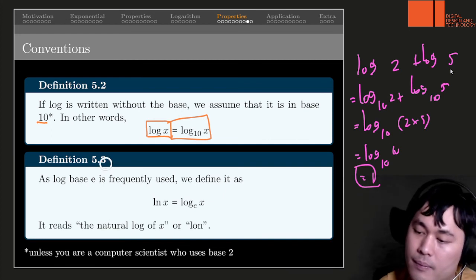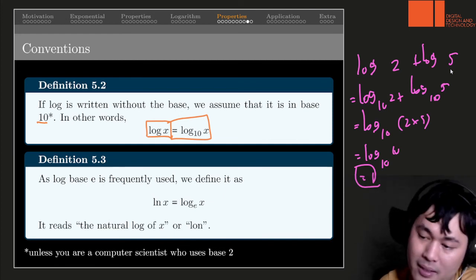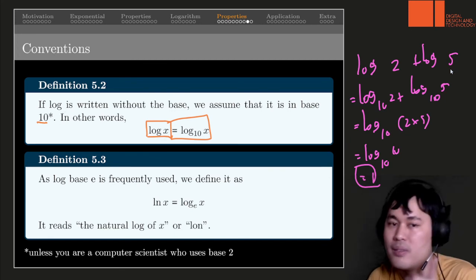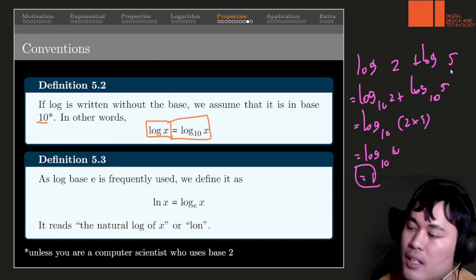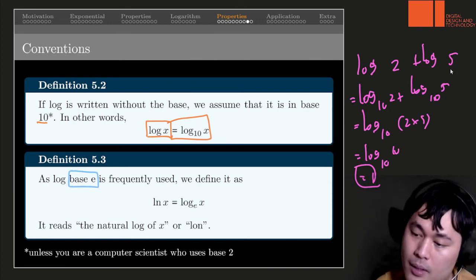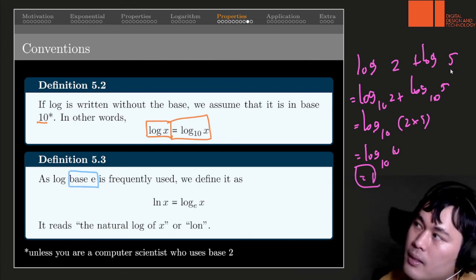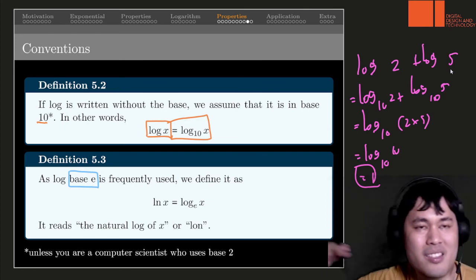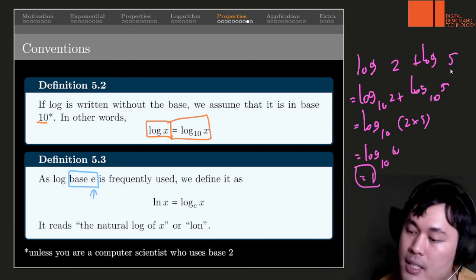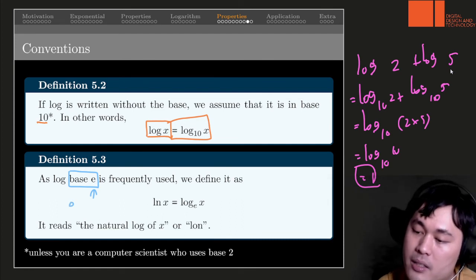And second, I mentioned it a little bit, but there's a special base. Base 10 is special. It's used a lot in science and in scientific notation. But another base is also important in math, physics, and statistics. We use the base E. E is a special number.